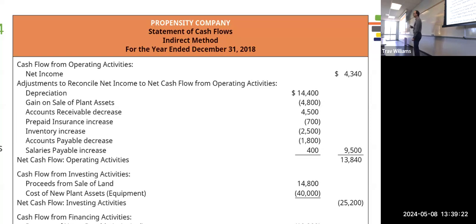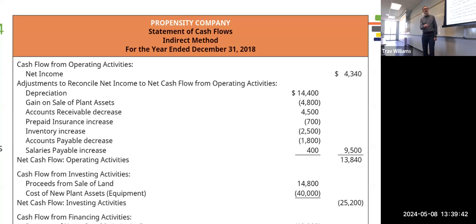So this takes a little getting used to, but we'll be going through this a couple more times between now and the end of next week. But if you take all of these adjustments and add them up, you get a total of $9,500. We add that to our net income.